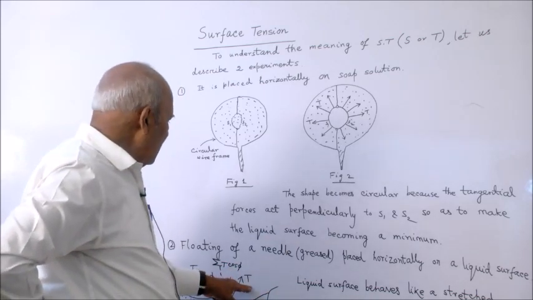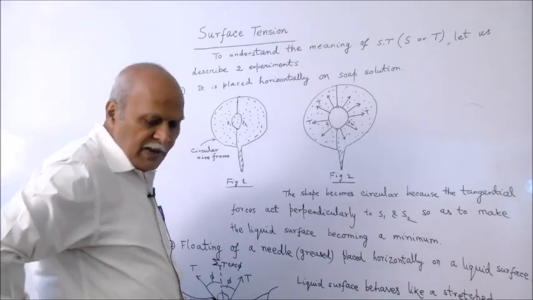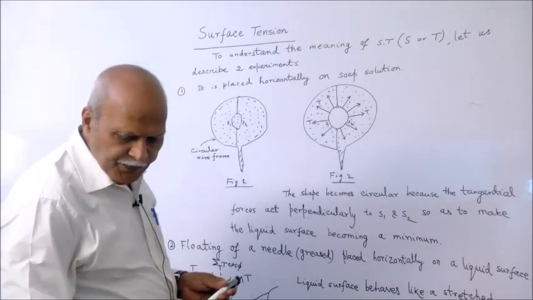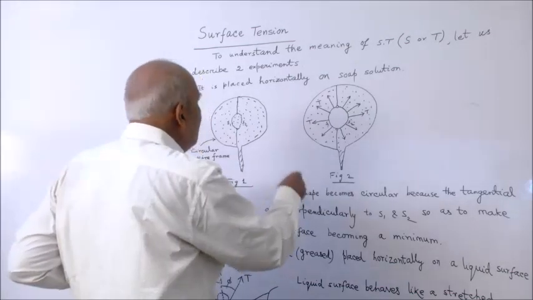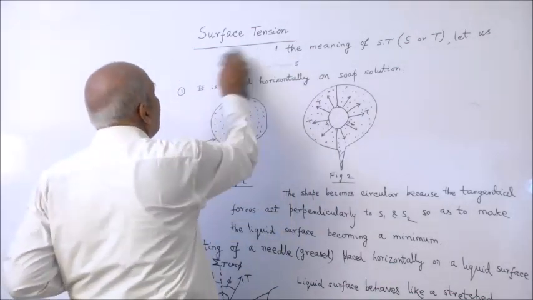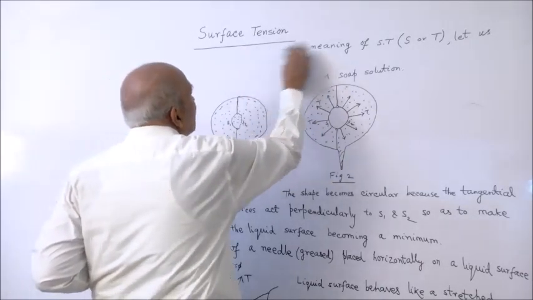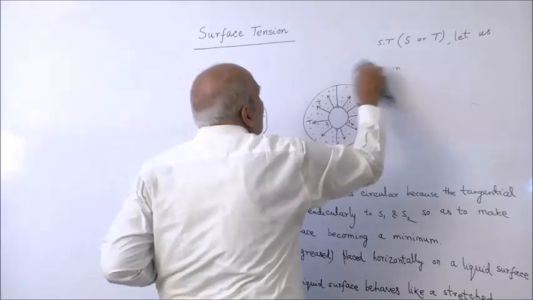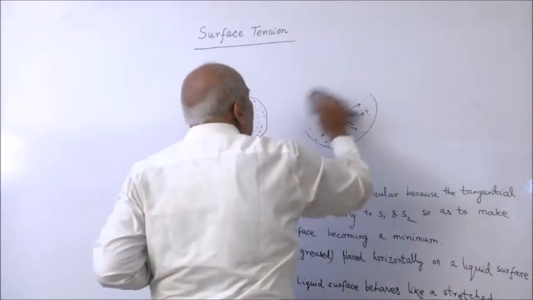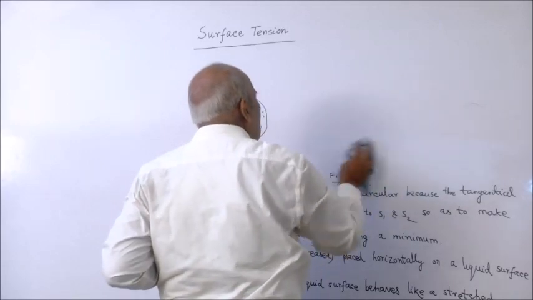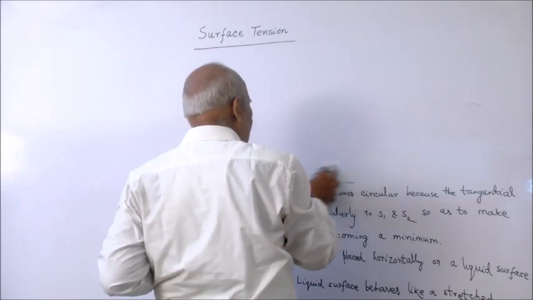So, the resolved part of T, that is T cos phi, balances the weight of the needle. So, from these two experiments we can define surface tension. Surface tension is a force acting parallel to the surface of the liquid, trying to make the surface area a minimum.